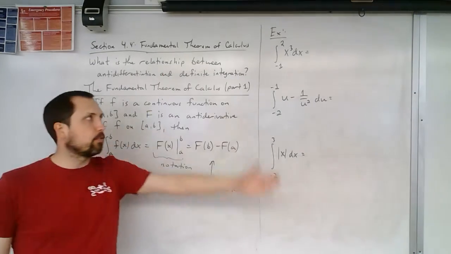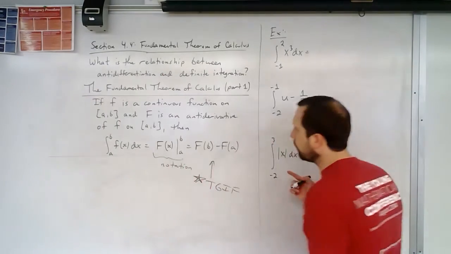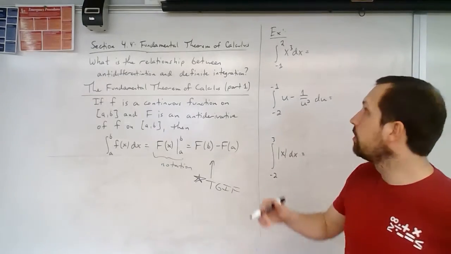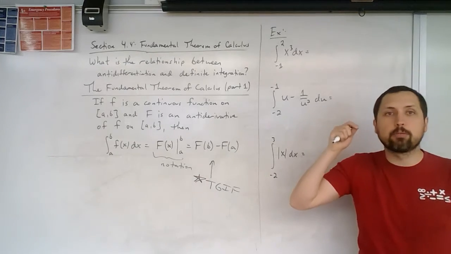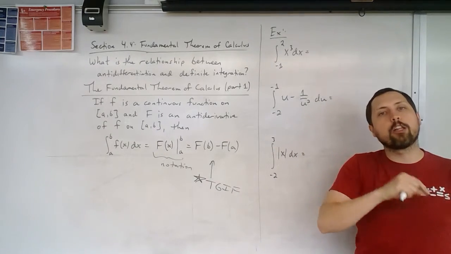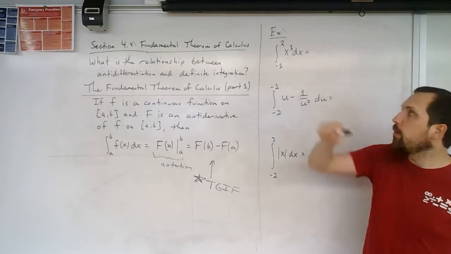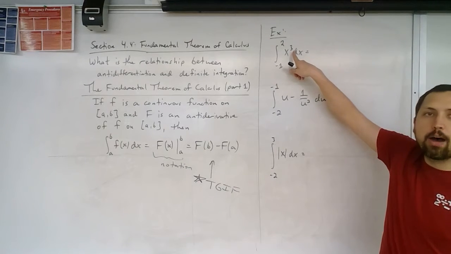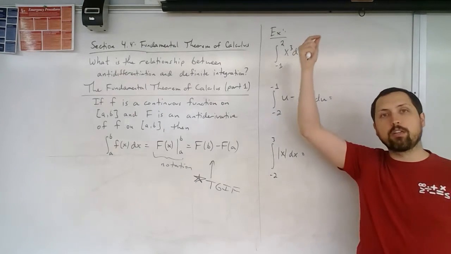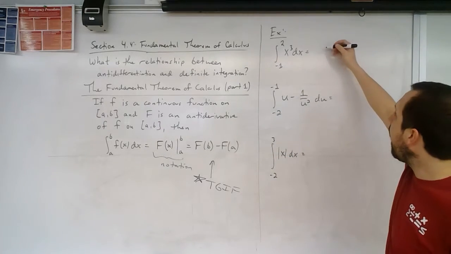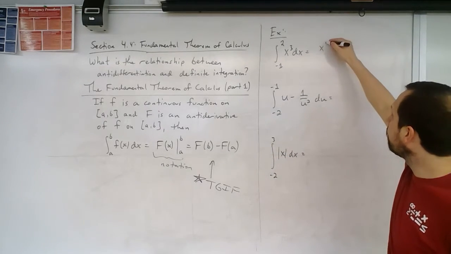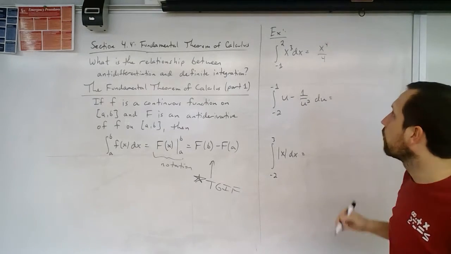So let's see some examples of this. If we're using the fundamental theorem of calculus, I want to figure out what function has the derivative equal to x cubed. If you think back to all of the techniques that we did, if it's something like x to the power of n, we would add 1 to the power, then divide by that power. So we would add 1 to 3 to get 4, and I would divide this by 4.